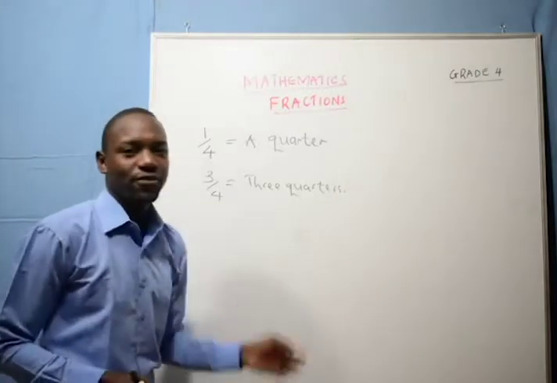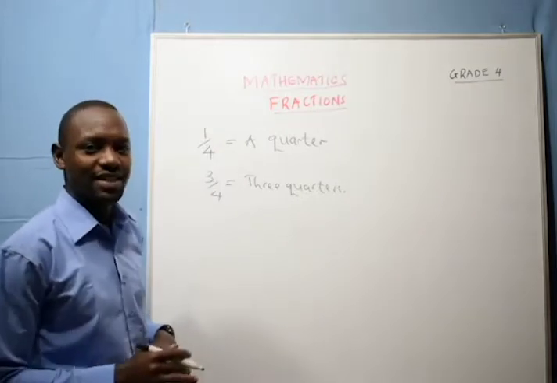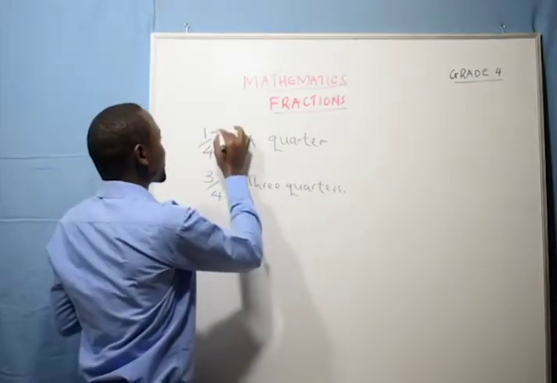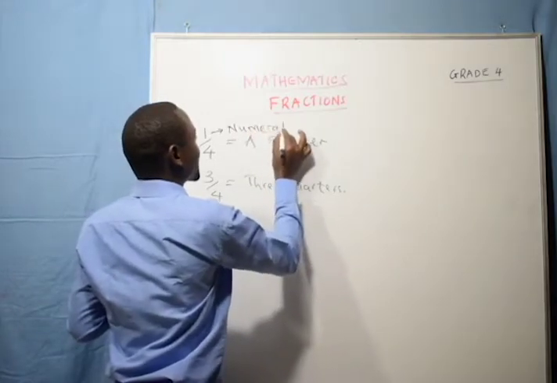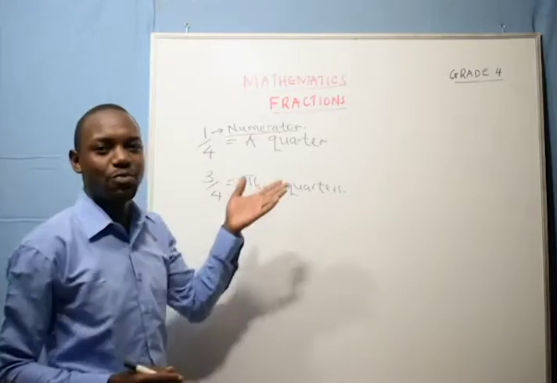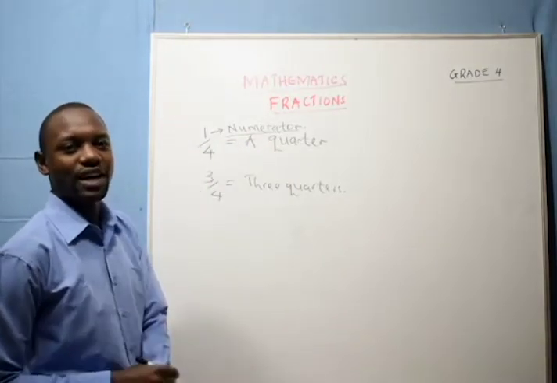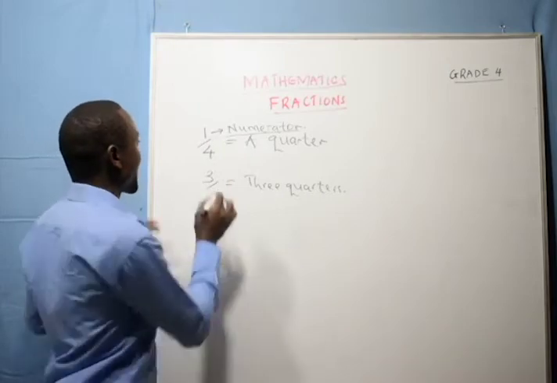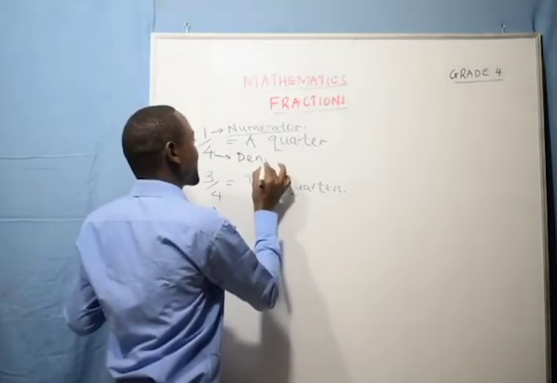So when naming fractions, we have the upper part and the lower part. The upper part is called the numerator. In a fraction like 1/4 or a quarter, 1 is the numerator and the lower part is called the denominator.